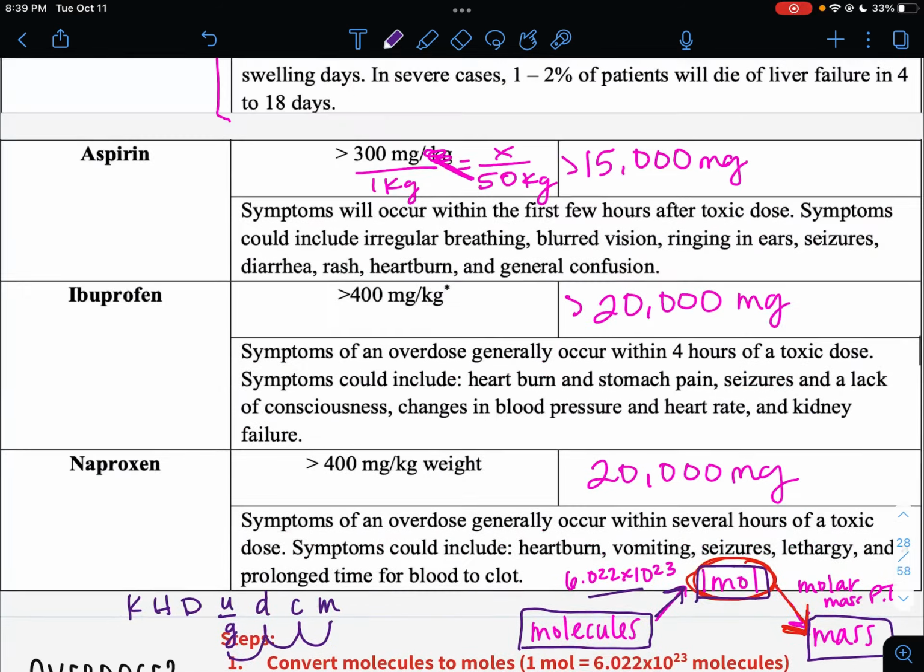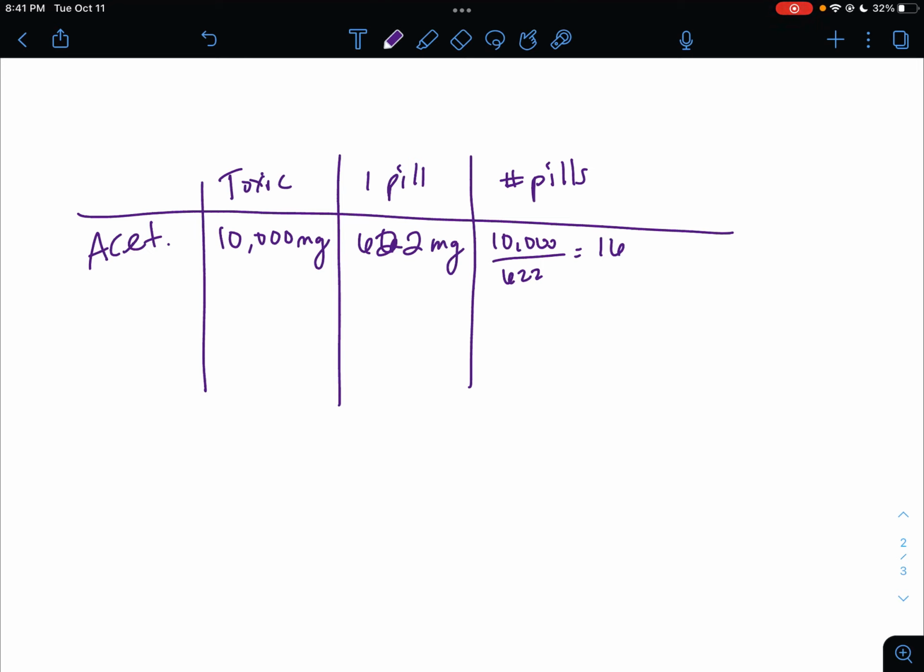Here is the amount for one pill, I think it's 622 milligrams. So now we want to know the number of pills in order to reach that toxic level. We can just take 10,000 and divide it by 622 to see how many pills we get. You should get something like 16. You'll want to round to the whole number, so don't worry too much about the little decimals. It should be pretty close to a whole number, so just round, because we're not going to worry about a tenth of a pill.